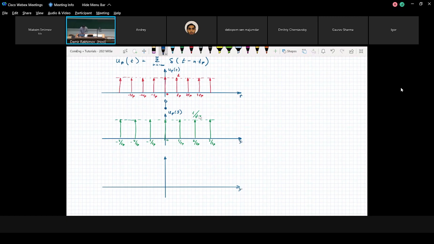Now here what we calculate is phi u, without superscript e. This is power spectral density. For power spectral density, you calculate the square of the magnitude for each delta pulse, the absolute value squared. Then we have another set of delta pulses with the same spacing, but different magnitudes.